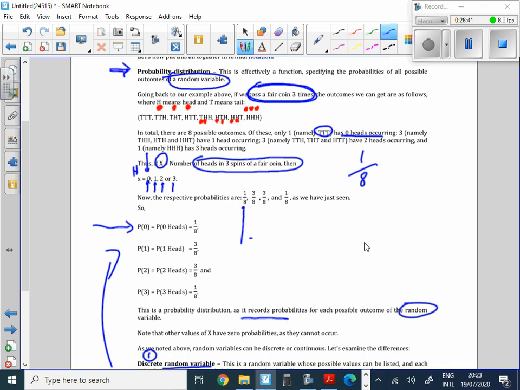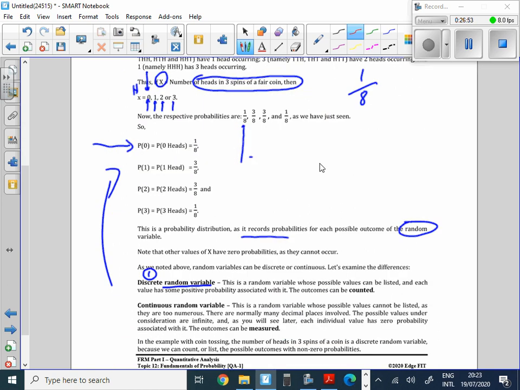We said how many heads in the very first one? None. And here, 1, and there 1, and there 1, 2, 2, 2, and we physically could count them. That's what we call a discrete random variable. A continuous random variable is where I cannot count them. They can't be counted.